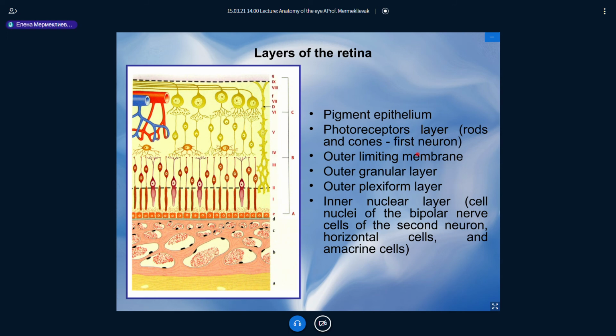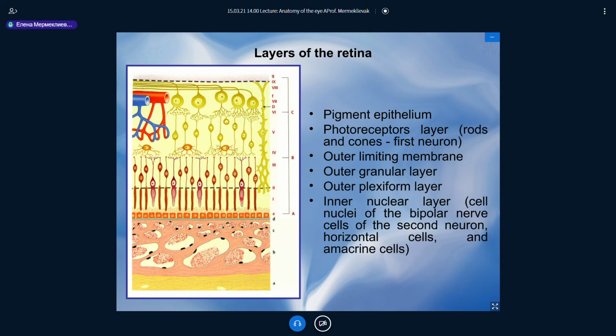The layers of the retina. We have 10 layers of the retina. Here is the sclera, the choroid, and here is the first layer of the retina, the retinal pigment epithelium layer. After that is the first neuron, cones and rods, the photoreceptors.